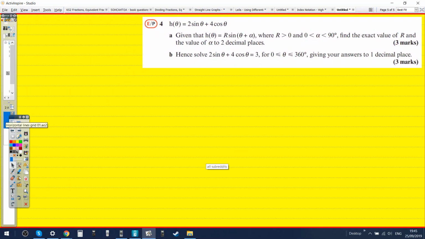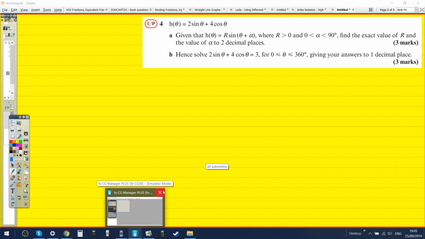Okay. So h theta plus 4 cos theta. Is this the same sort of thing as before? Oh yeah, it is. Given that h theta is r sine theta plus alpha, that's between 0 and 90 degrees.